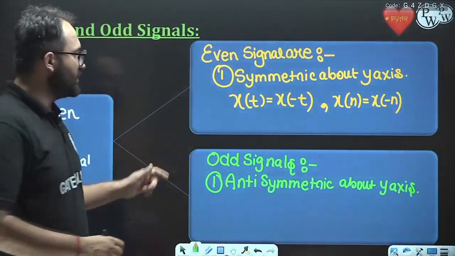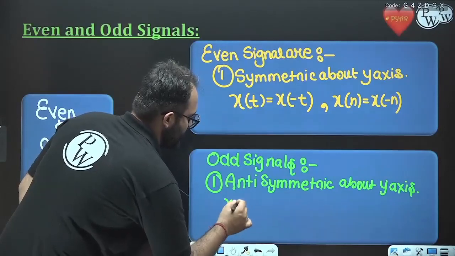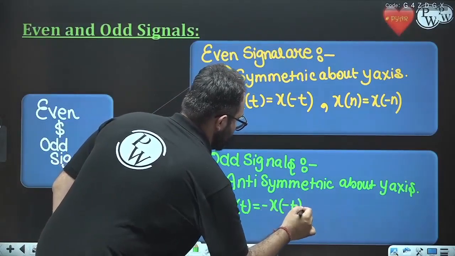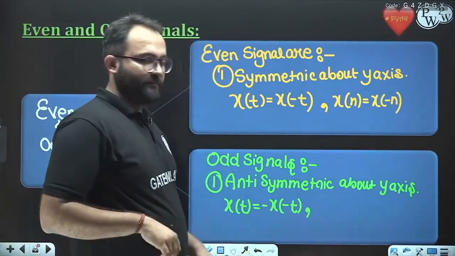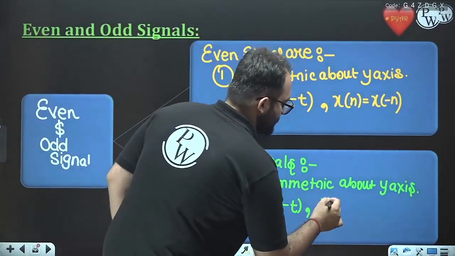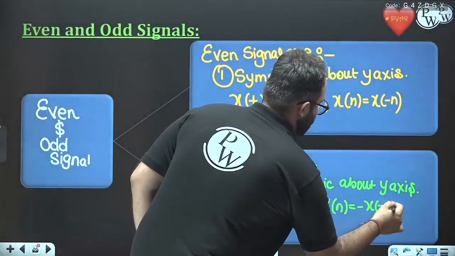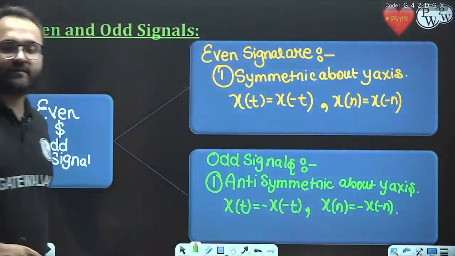And the definition is x(t) equals minus x(-t), or x[n] equals minus x[-n]. So these two are the equations that they follow.